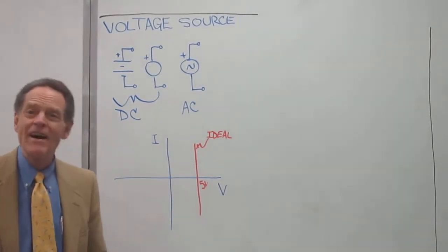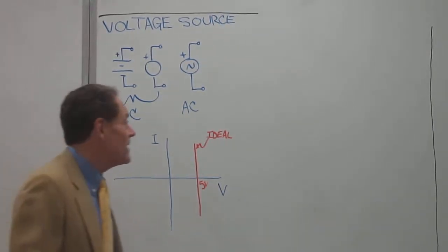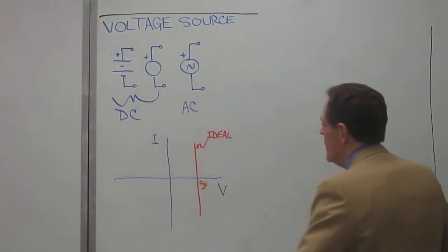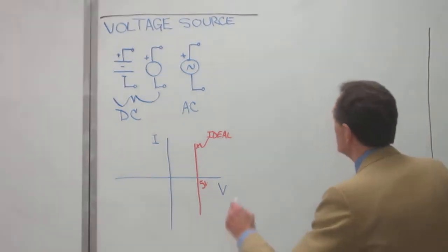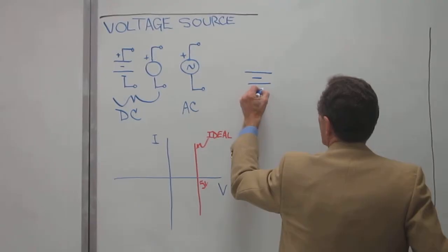Well, of course, we don't have ideal batteries, do we? We have batteries that are other than ideal, and they can be represented by a circuit that looks something like this. So I'm just going to draw it as a battery.